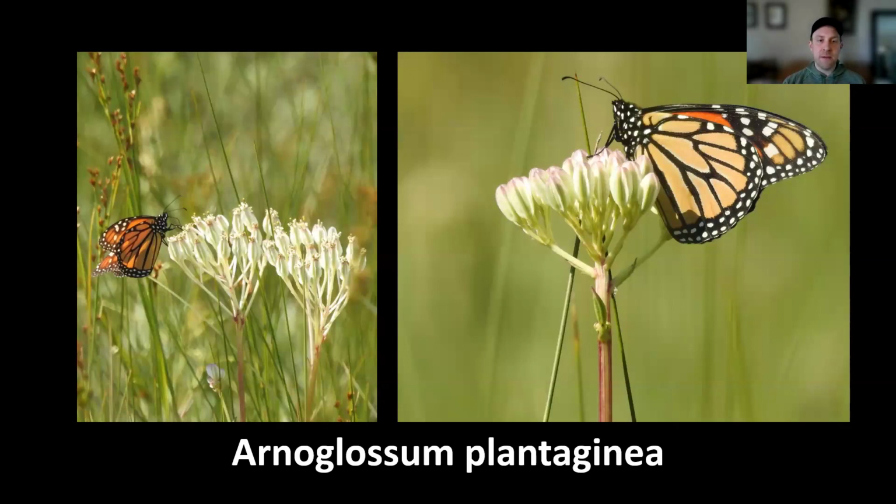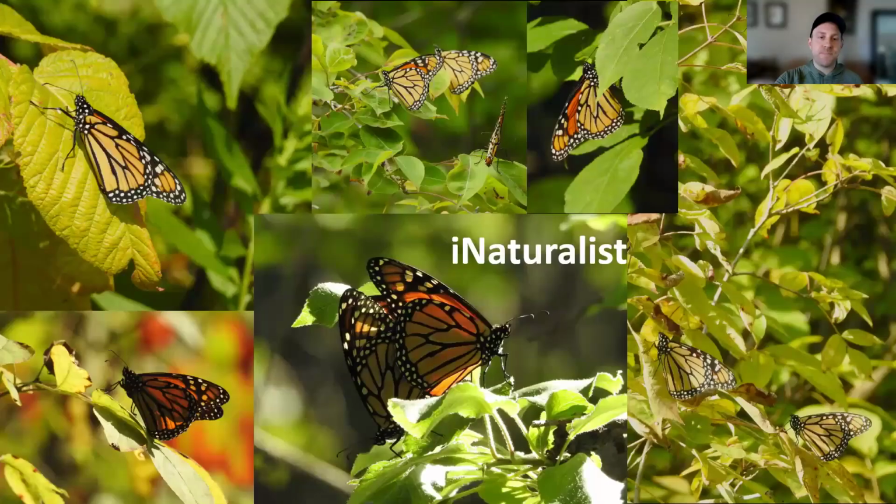This is a species at risk plant with a now species at risk butterfly. So again, these things go hand in hand. The life of the plant is tied to the life of the butterfly. And I'm sure you all love butterflies and monarchs in particular.